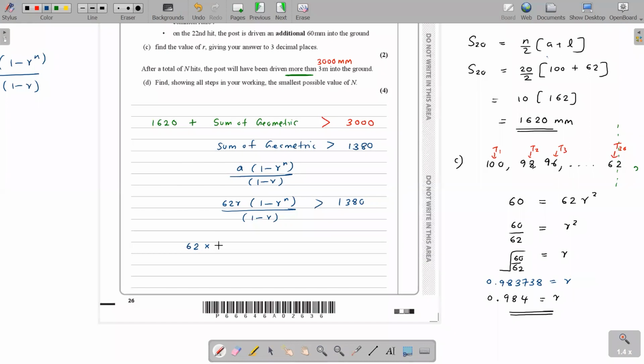Shall we use that? 62 times 0.983738 into 1 minus 0.983738 to the power n over 1 minus r.